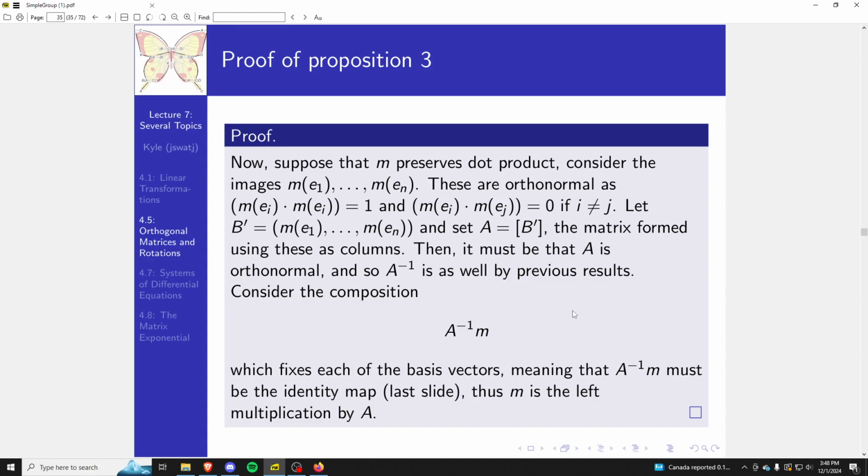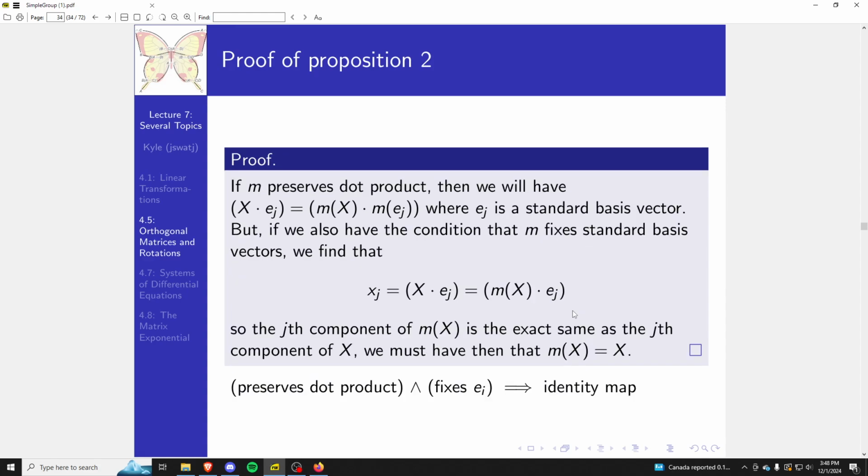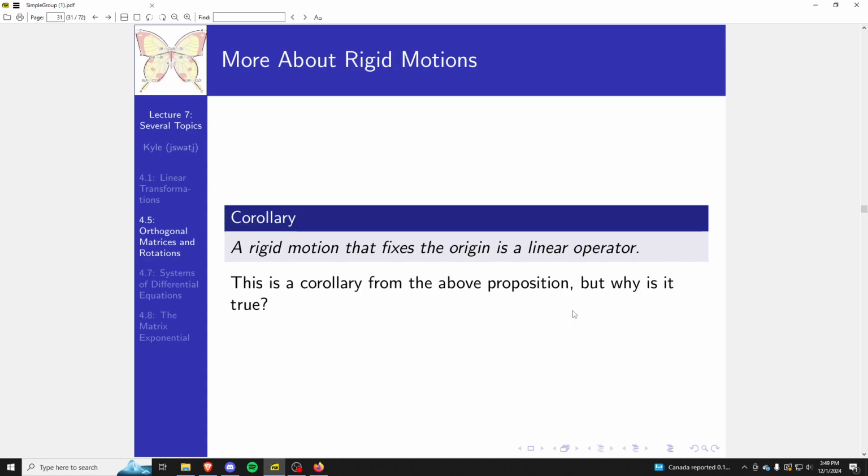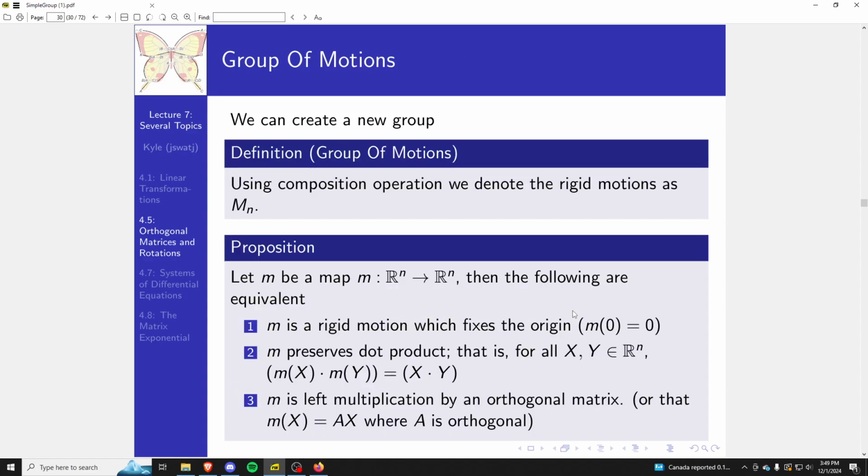What does it mean geometrically that an operator preserves? I believe it's length. I'm not sure about angles. I know it should preserve length. That's a good question.